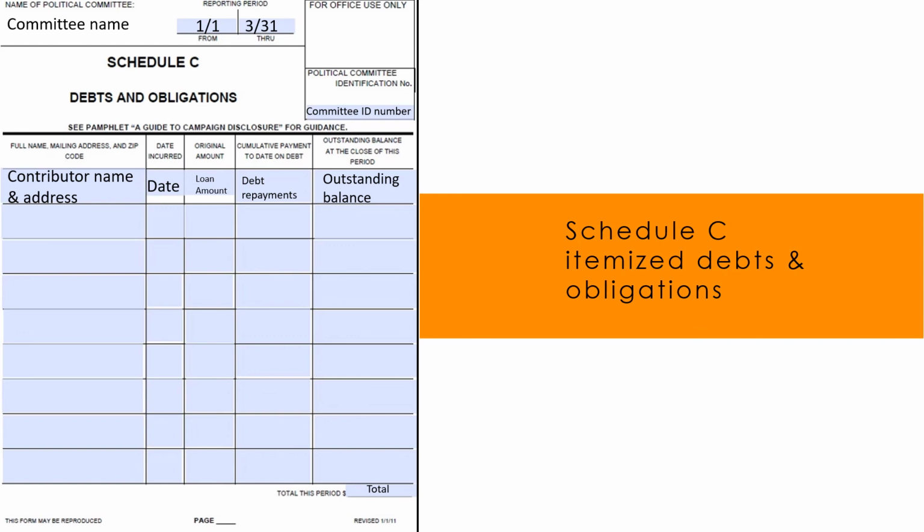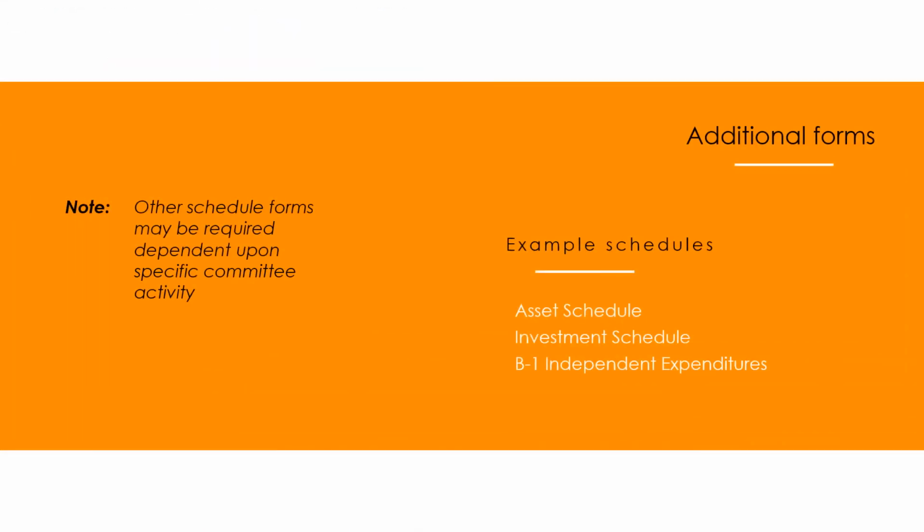Next, list all outstanding itemized debts and obligations, including the name of the entity that gave the loan, date, amount, any repayments on the debt, and the outstanding balance of the debt as of the close of the reporting period. Schedules A, I, B, and C are the most commonly used forms for reporting committee activity, but other forms may be required depending on the nature of a committee's activity.